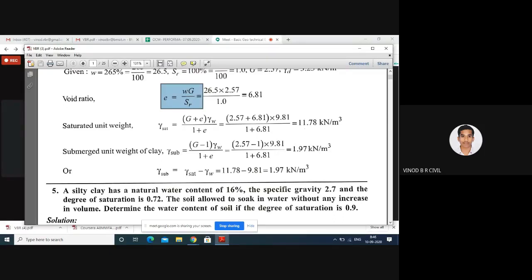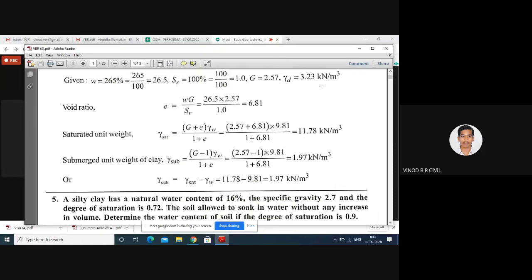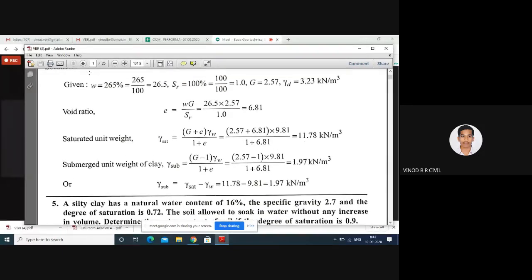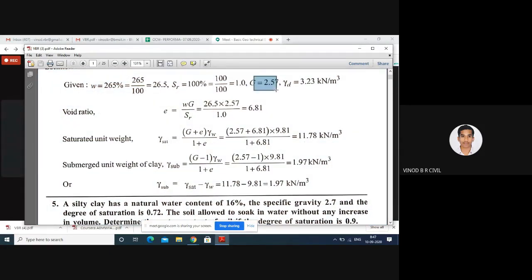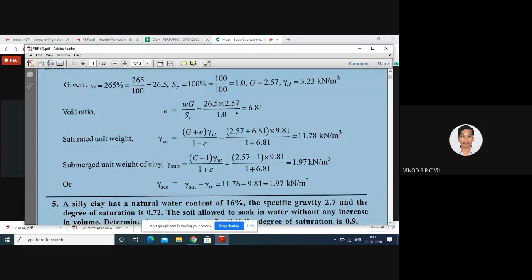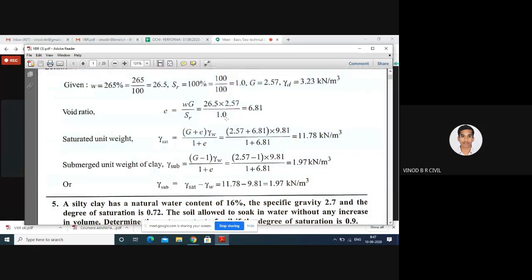The water content W given in the problem is 2.65, the specific gravity G is 2.57, and SR, that is 100%, is nothing but 1. So E equals 2.65 into 2.57 divided by 1, which gives the void ratio E.